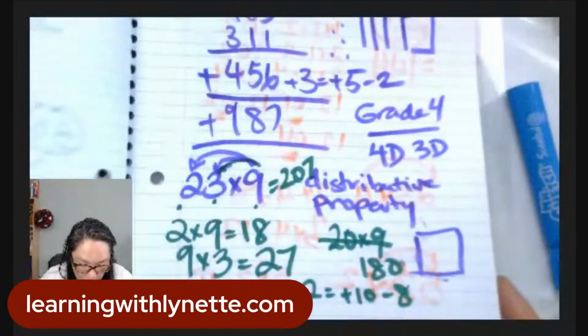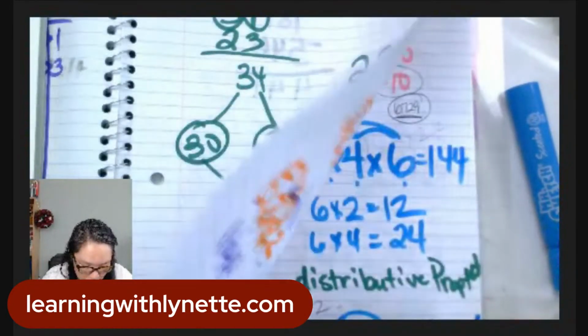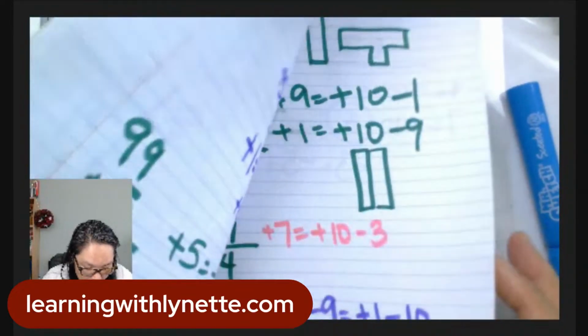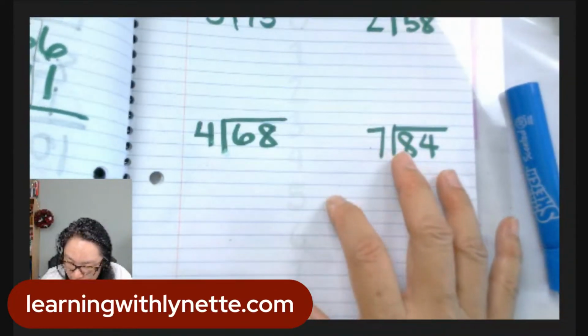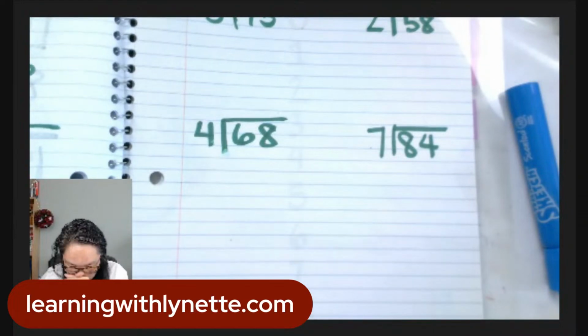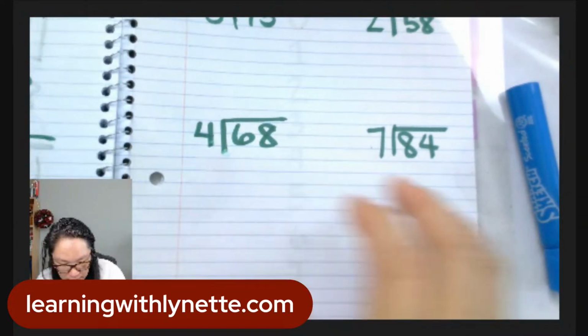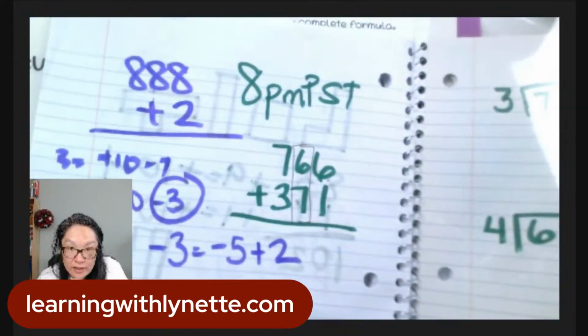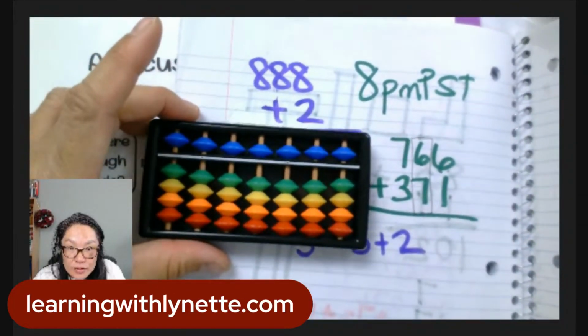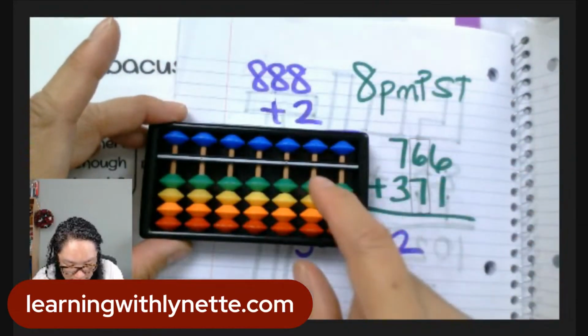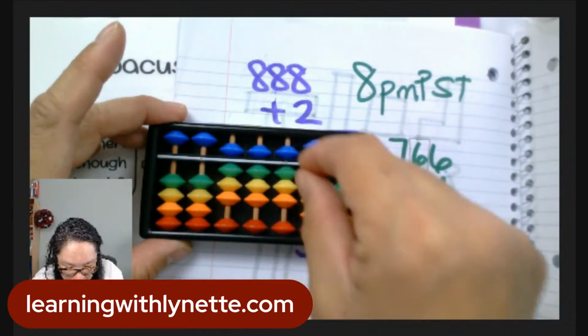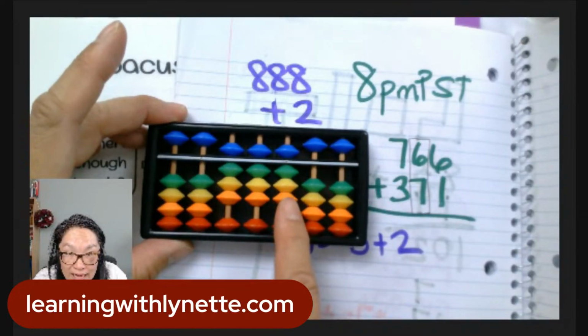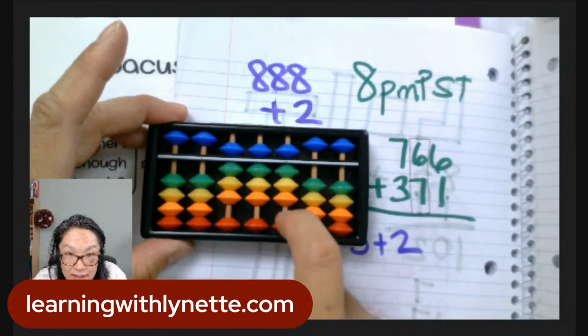And when we try to do multiplication, you can do division on the abacus. Oh, here's a question somebody gave me, I think Ethan did that. 88 plus 2. I want to add the 2, but there's not enough beads to add the 2.